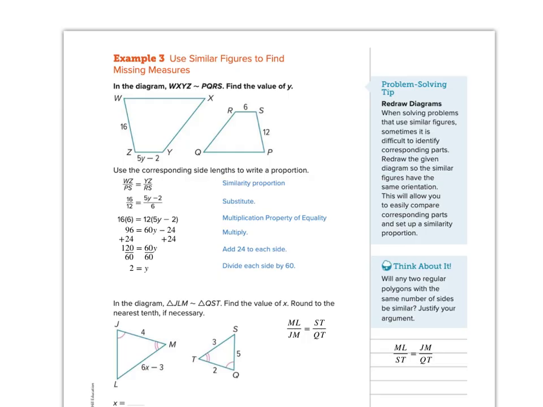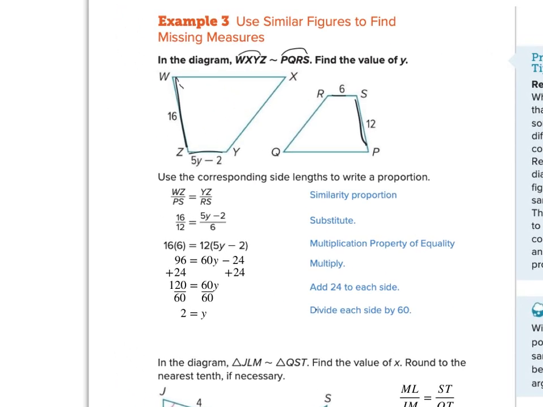Knowing that in this example, WZ corresponds to PS, okay? WZ to PS. YZ corresponds to RS. So now that they have that determination, they went ahead and filled in the information. Then now we have a proportion where we can cross multiply.